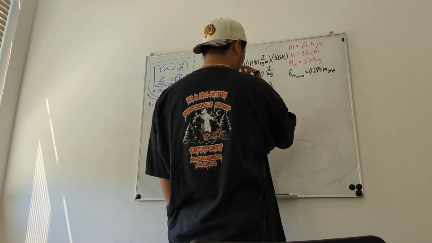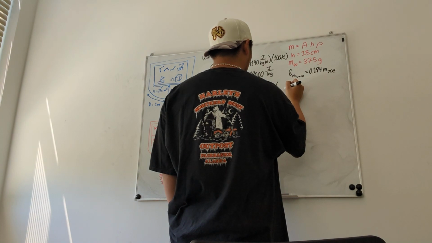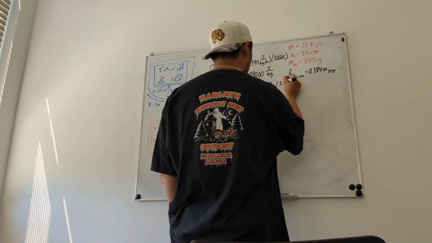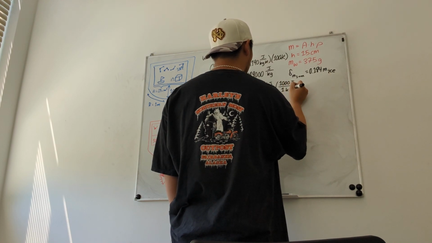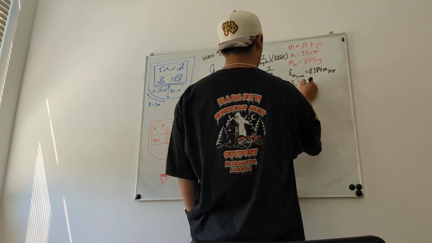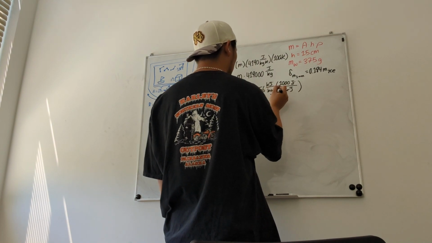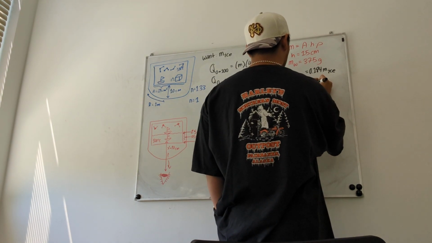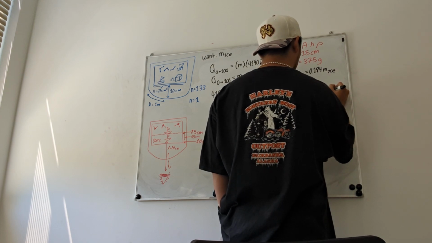Let's convert that into joules, so that's 1,000 joules per 1 kilojoule, times the mass from middle to final.